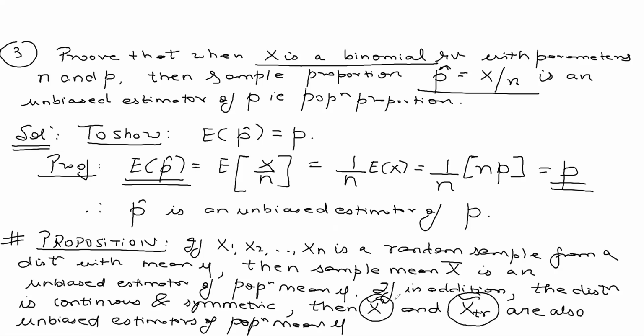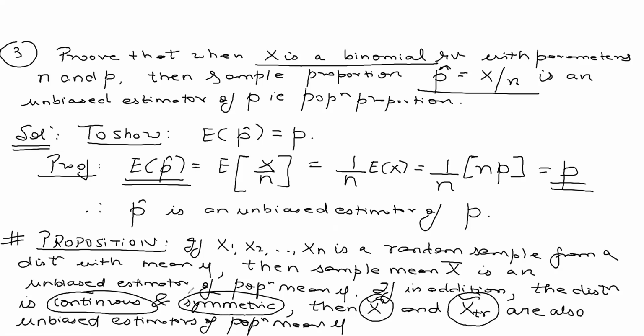So always remember that under every circumstance, sample mean will always be an unbiased estimator. But sample median and trimmed mean will be unbiased estimators of population mean only if the distribution is continuous and symmetric.